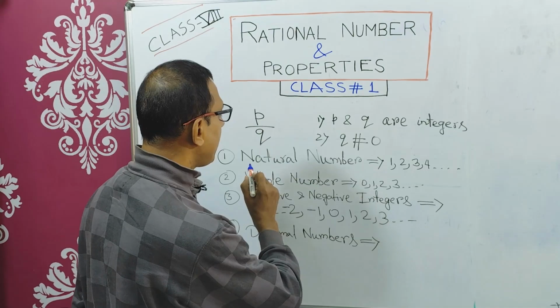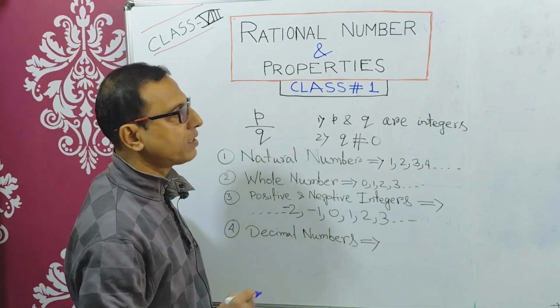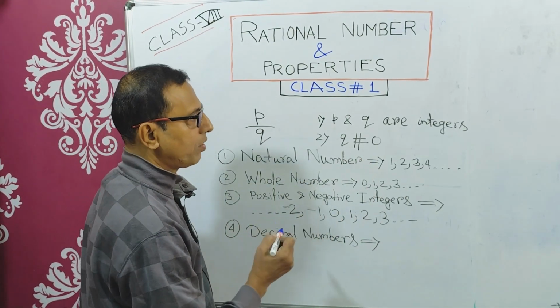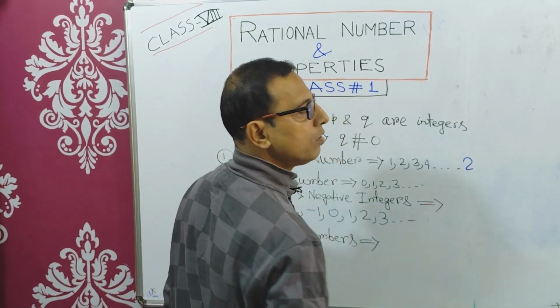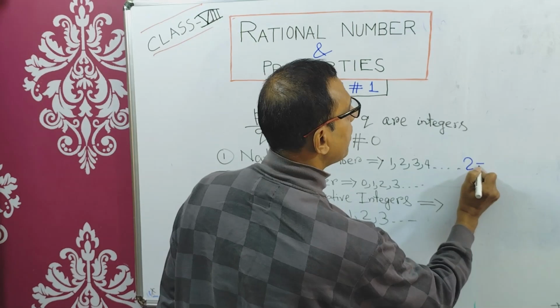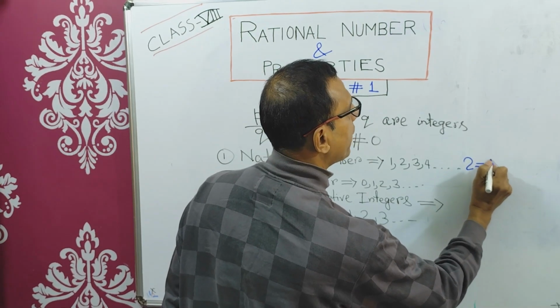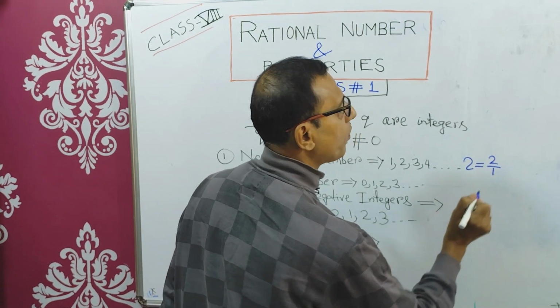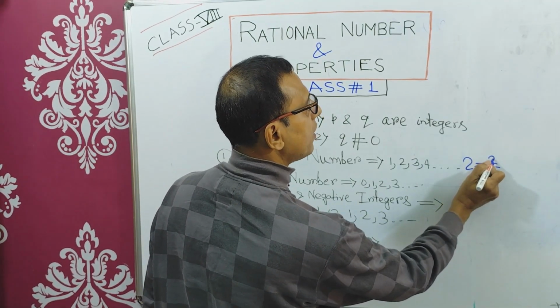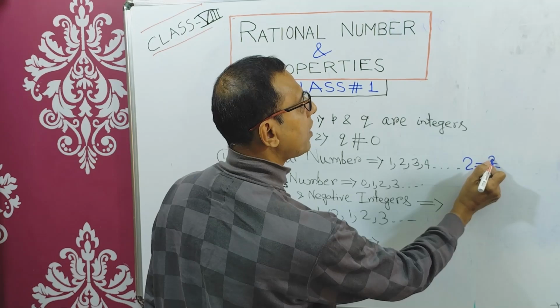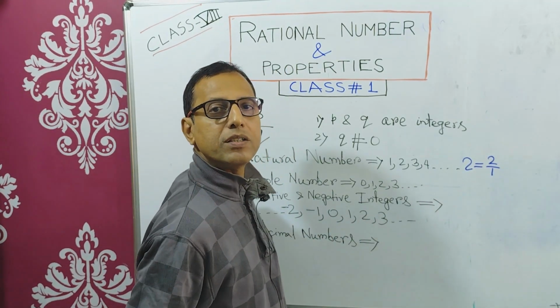So can we express any natural number in the form of P by Q? Yes, we can do that. Let's consider one natural number, 2. Anything divided by 1 equals the same number. So I can express 2 equals to 2 by 1. Both the numerator and denominator are integers.